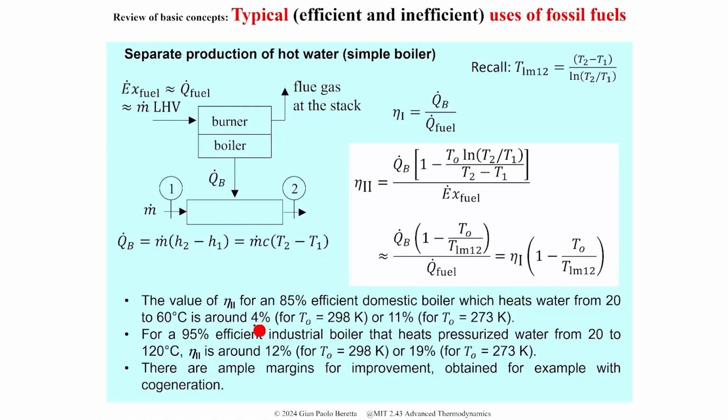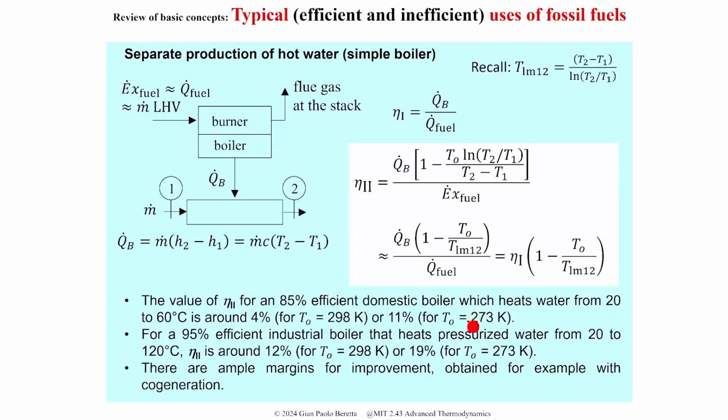The typical number varies depending on what temperature T0 you choose, so depending on whether it is winter or summer. For example, if you are in the summer, 25 degrees C is 298 K. A residential domestic boiler, which has an efficiency of about 85% first law, gets a second law efficiency of just 4%.